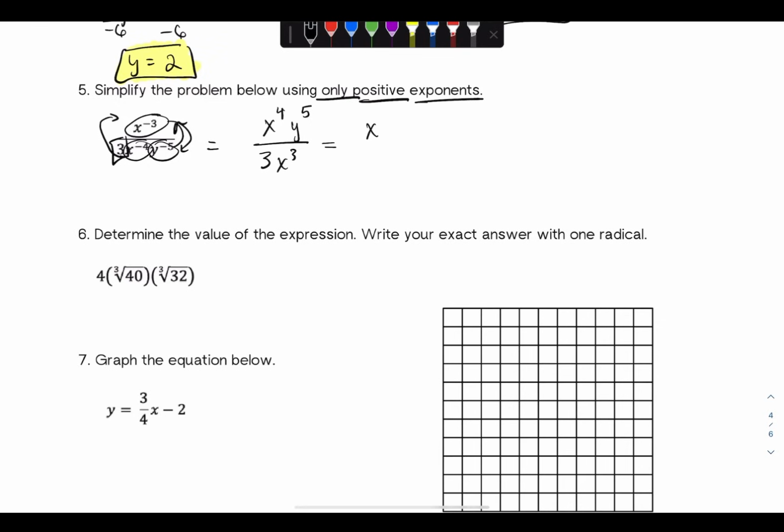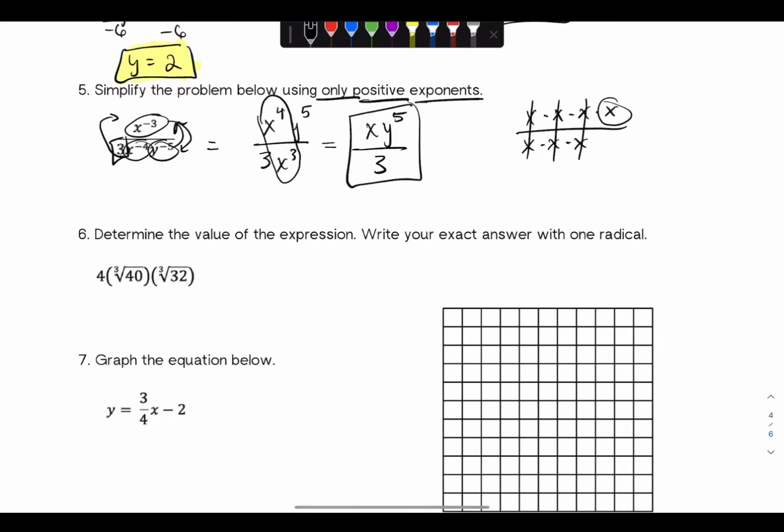And so we have x times y to the 5th over 3. So if you're confused about that, x to the 4th and x to the 3rd piece, we got x times x times x times x in the top, basically, and we have x times x times x in the bottom. And so that goes to 1, that goes to 1, that goes to 1, and we just have 1 x left. And so that's what we would end up with.